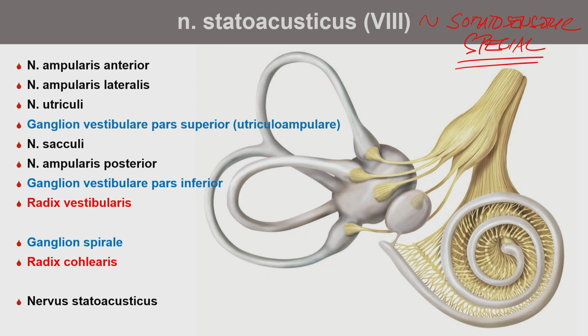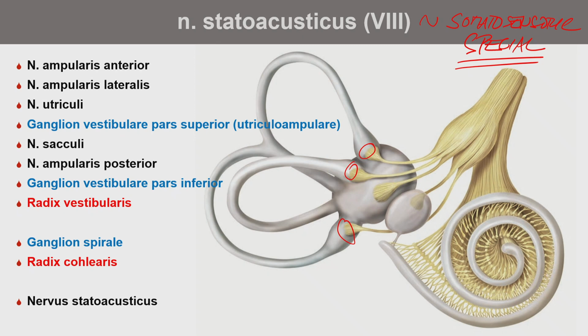So, what information can we obtain and from which parts? There are cells, and we will have it once again, which are localized in the ampulla of the semicircular channels. Semicircular channels obtain information about the rotation motion of the head.